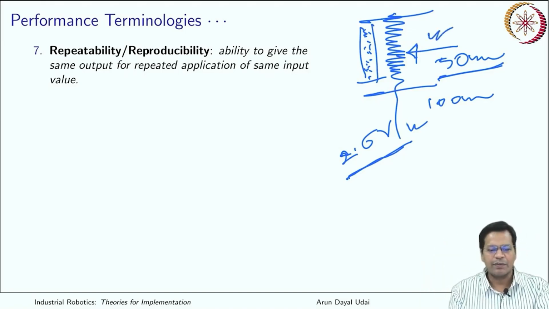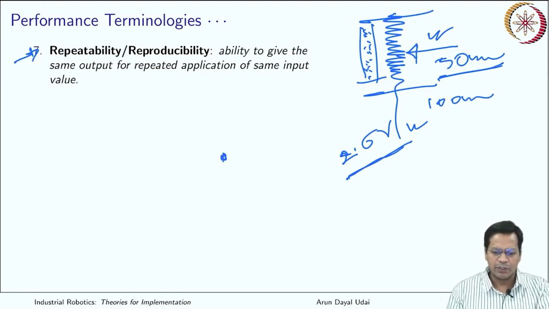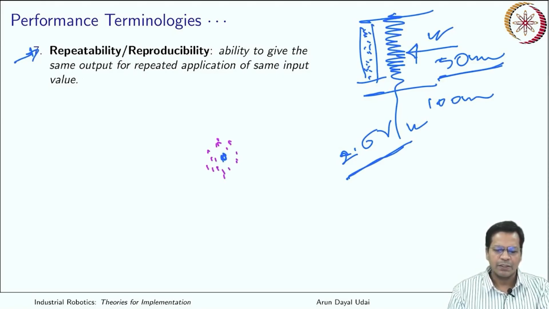That definitely doesn't come under the purview of the repeatability definition. In case of repeatability, for the same period of time, maybe on the same day, you have measured multiple times and you got a different output. So basically, if this should be the output and you are getting signals somewhere over here, okay.